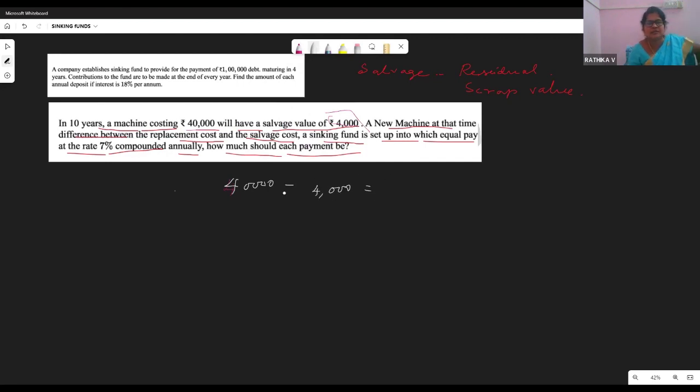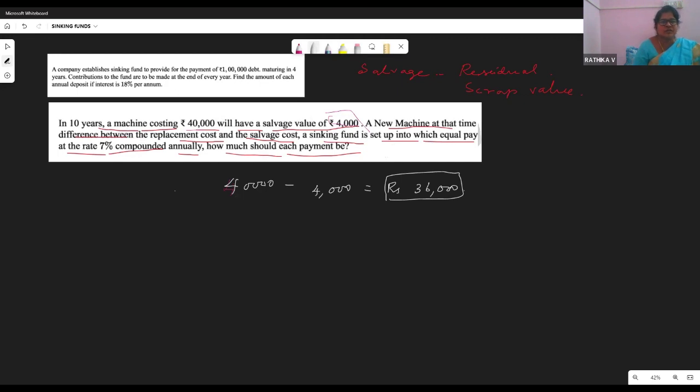We get 40,000 minus 4,000, which is rupees 36,000. This will be considered as your amount. Usually, to buy a new machine you would have to keep the full 40,000 ready, but now we are going to exchange. So the old machine is worth 4,000, and we subtract it from the expected amount of 40,000, so it is rupees 36,000.